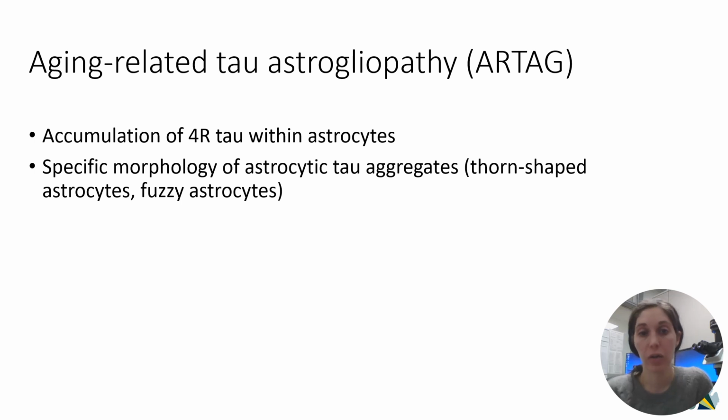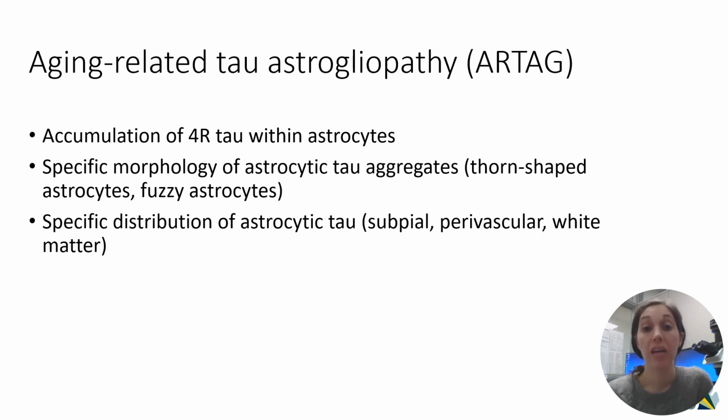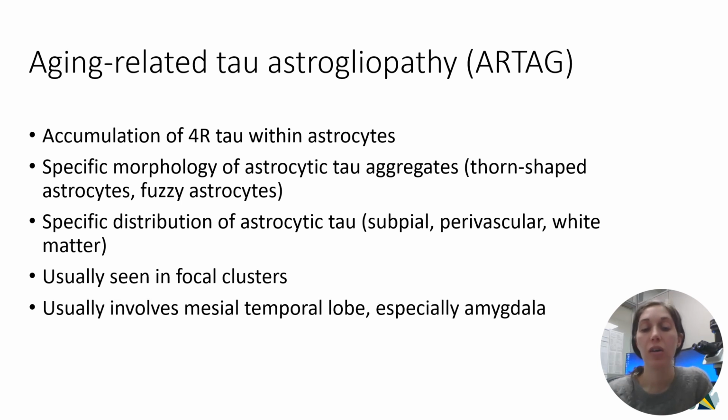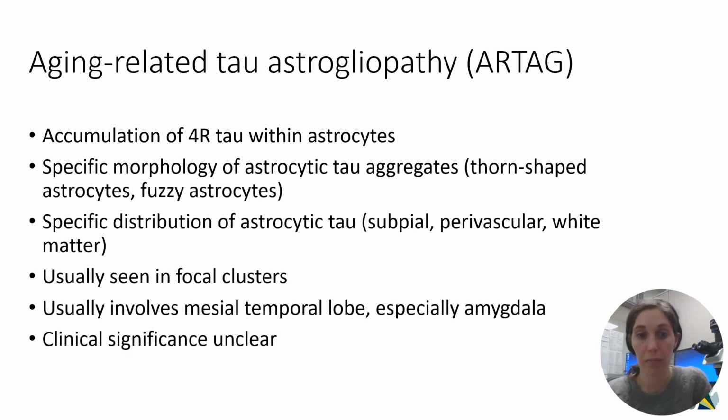And it's characterized by a very specific morphology, which I'll show you, and a specific distribution. It's usually seen in these very striking little clusters, and it almost always involves the medial temporal lobe, in particular the amygdala.